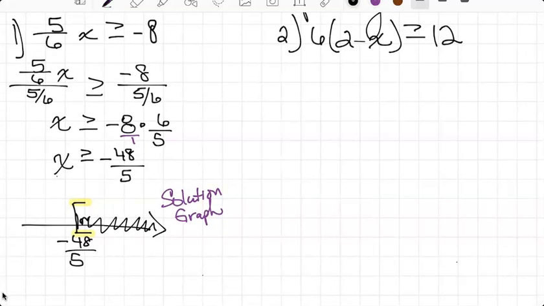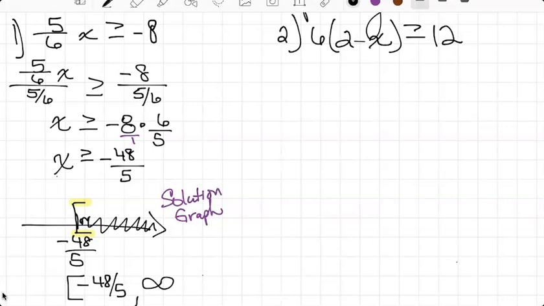Now I'm going to make my interval notation match my graph. I have a bracket on the negative 48/5. That's where I start my shading as I read from left to right. And where I stop my shading is on the far right. So comma, and I'm stopping on the far right, and we write that as positive infinity.